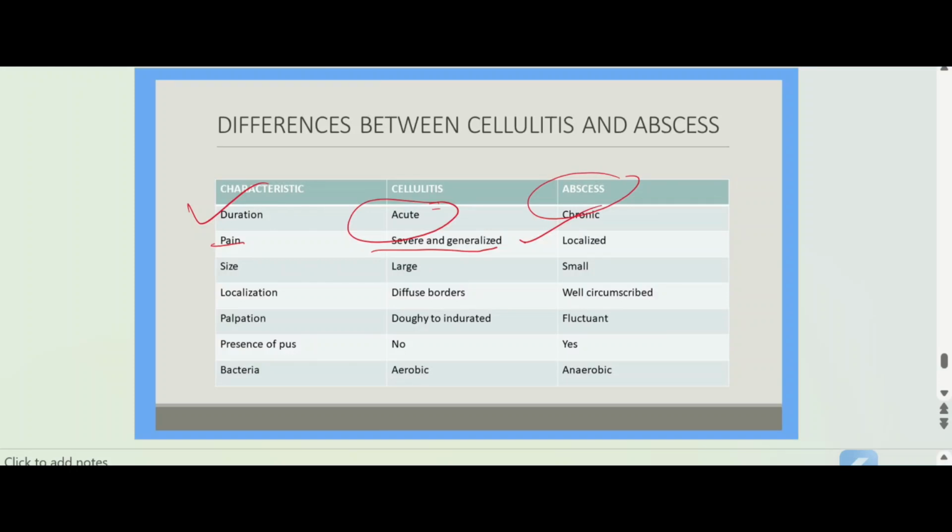Cellulitis has ill-defined, diffuse borders and a large area is involved, and for abscess, usually a small area is involved, and it is localized and well circumscribed. On palpation, cellulitis has indurated margins and abscess is fluctuant. In cellulitis, usually there is no pus, but in case of abscess, pus is present. Cellulitis bacteria can be aerobic, abscess usually anaerobic bacteria.